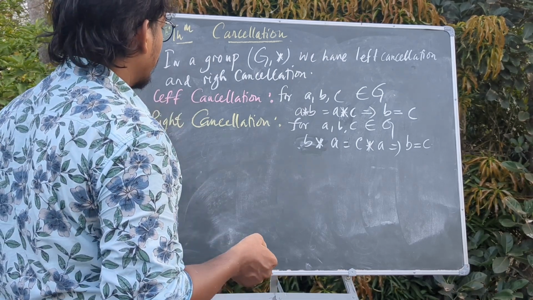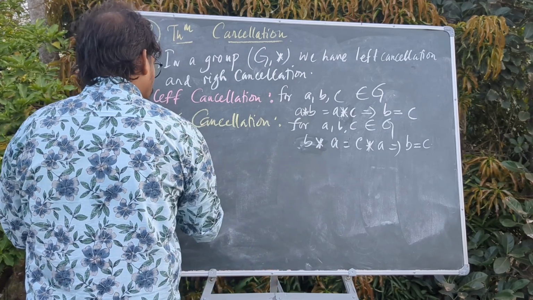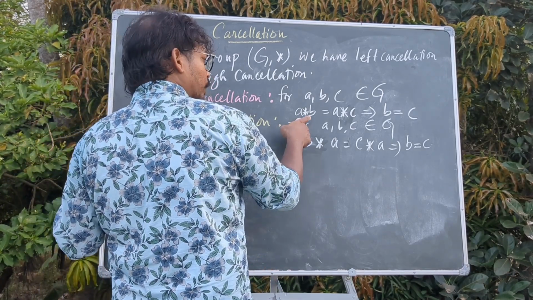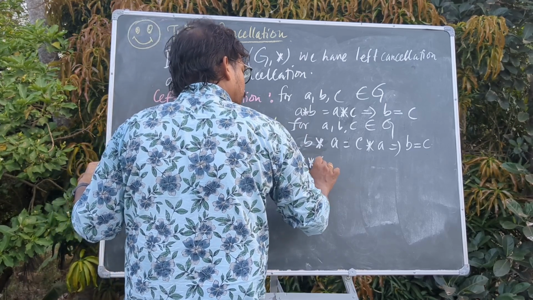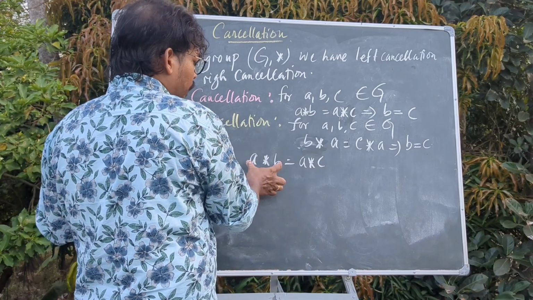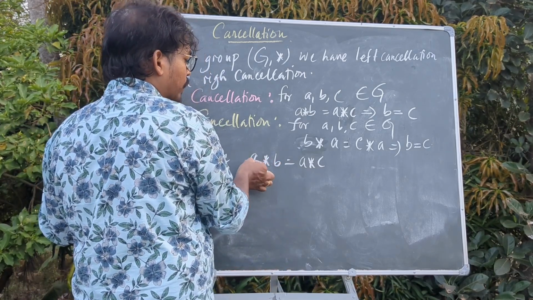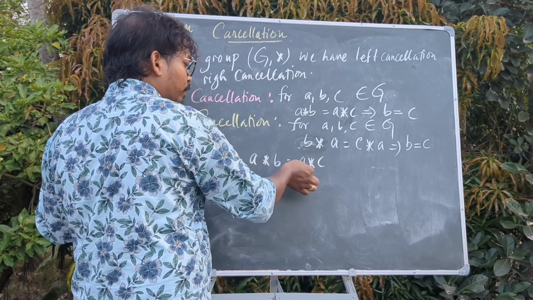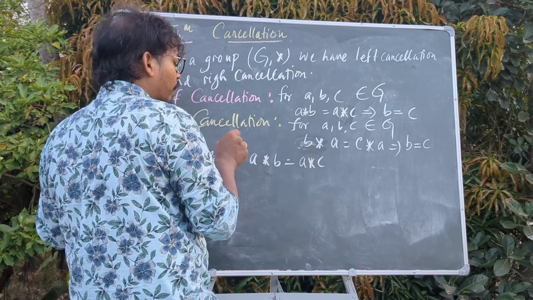Let us prove cancellation. Let us first prove left cancellation. Suppose we have a * b = a * c. Let us operate on both sides with the inverse of a from the left side, left hand side and right hand side.